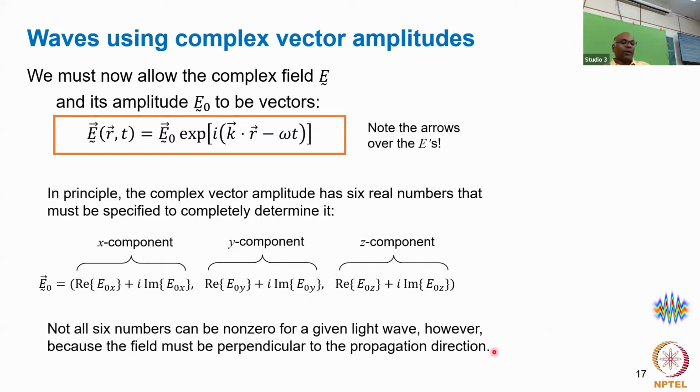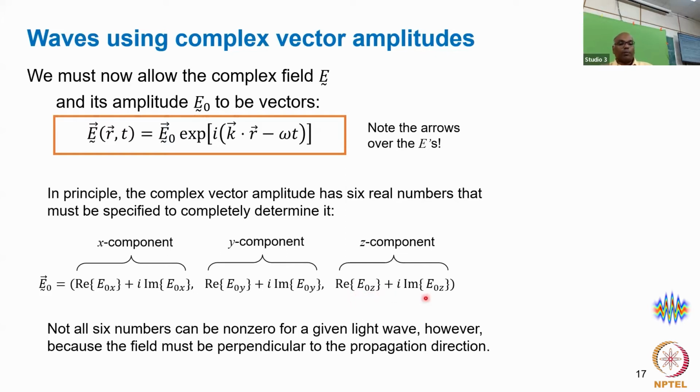However, considering the fact that light waves are transverse, 2 of these components would be set to 0 if the wave propagates along one of the directions of the coordinate system. Typically, we have been choosing Z to be the propagation direction, so we wouldn't have any finite non-zero electric field along the Z direction.